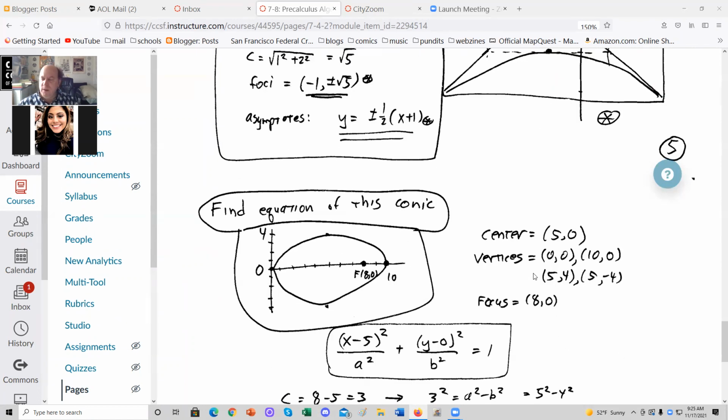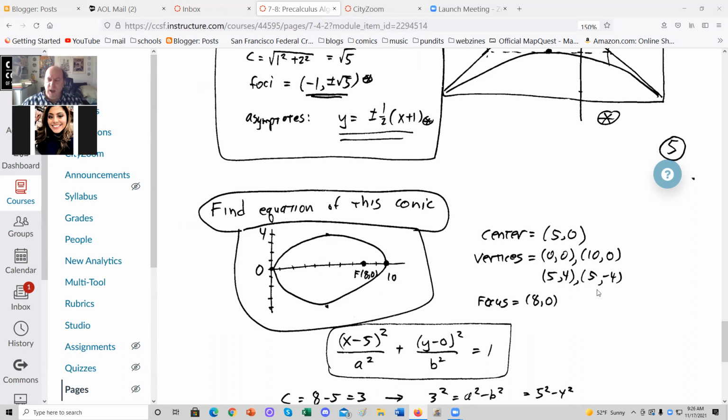And here we go the other way around: given the graph, find the equation. First of all, it's an ellipse, so it'll be a square plus a square equals 1. The center is 5 by 0, so it'll be an x minus 5 and a y minus 0. Vertices are plus or minus 5 from there: 0 by 0 and 10 by 0. And 5 by 4 and 5 by negative 4.